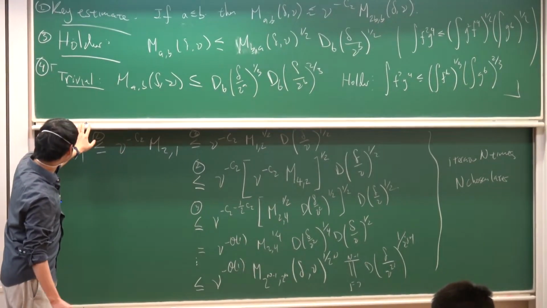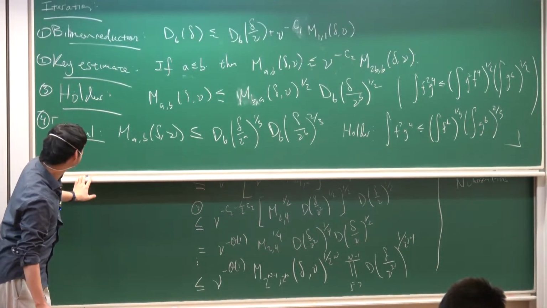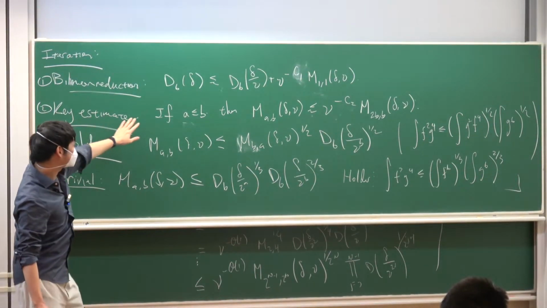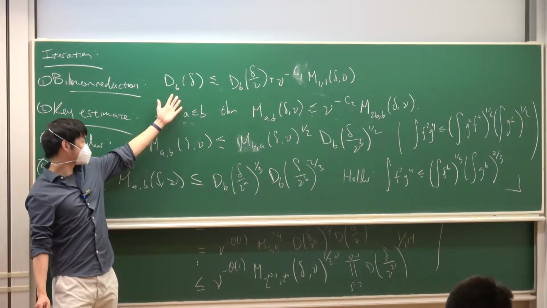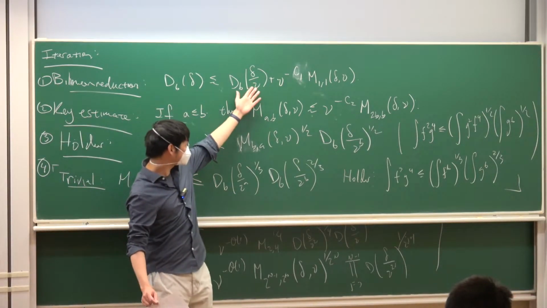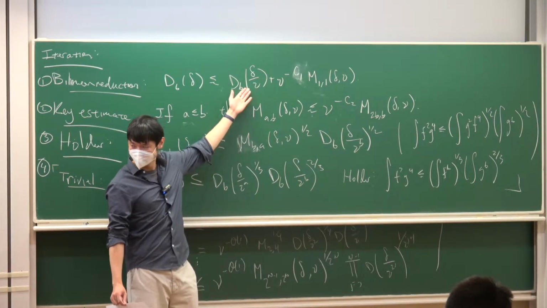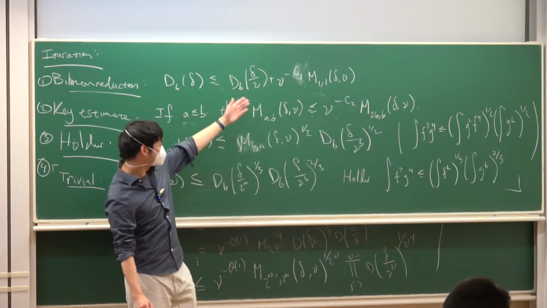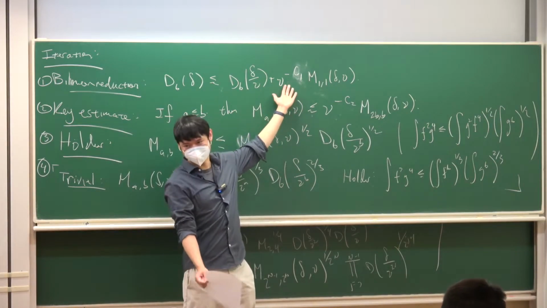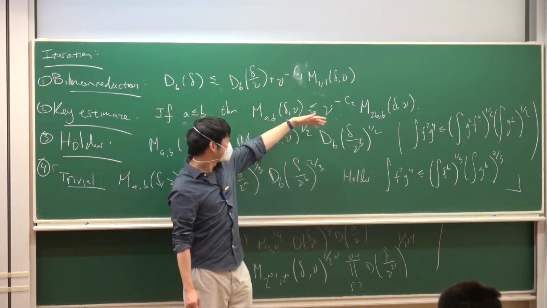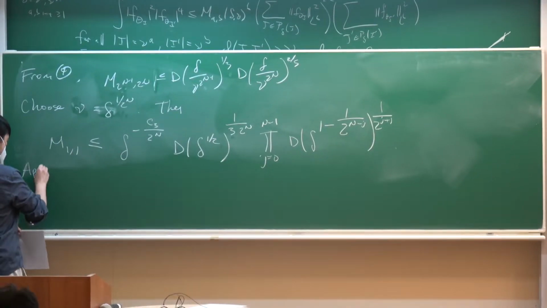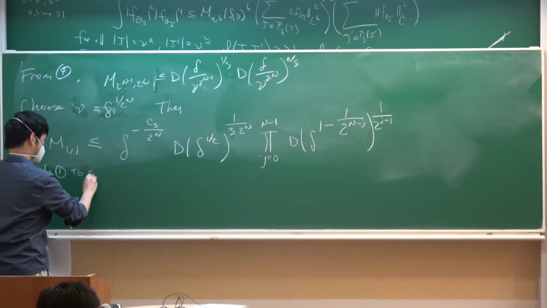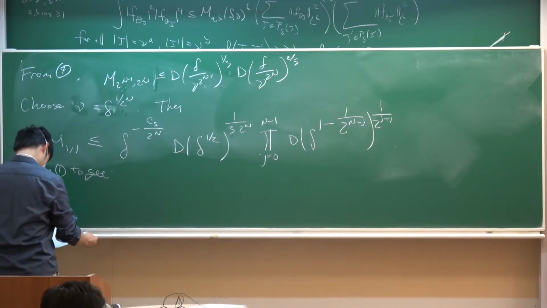Now, let's use bilinear reduction. So we have a good estimate on M11. And what do we say? We said D6 is controlled by D6 over nu. And nu we now know. We've chosen nu to be delta to the 1 over 2 to the n. Plus this thing, which is also delta to the minus 1 over 2 to the n, times M11. Okay. So apply 1 to get what?